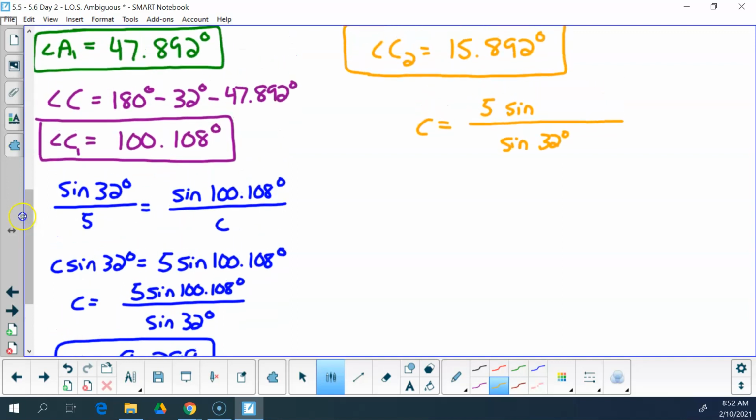And that angle is going to be angle C. It's this, right down here. It's that same pattern. Okay? So the second triangle you don't have to do very much work with because you've done all the work in the first triangle. And so you should get side C sub 2 here is 2.584.